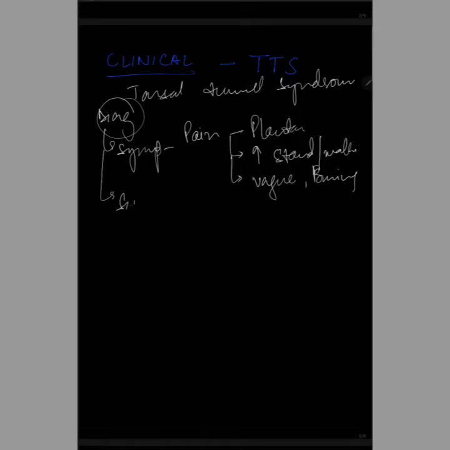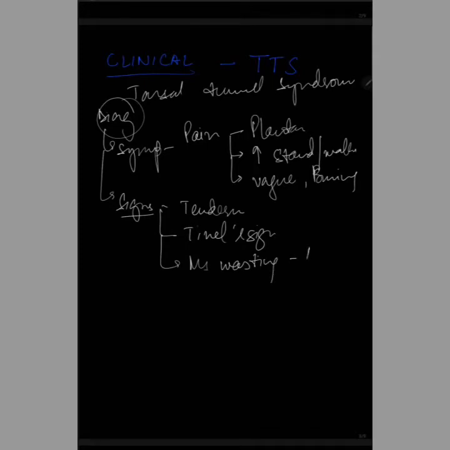Some signs that we can see here are that there may be a little tenderness of the tibial nerve, or there may be the Tinel sign of the tibial nerve. Thirdly, there may be some muscle wasting of the intrinsic muscles, chiefly the abductor hallucis and the abductor digiti minimi. Also, the pain may be exaggerated by dorsiflexion and eversion of the foot.